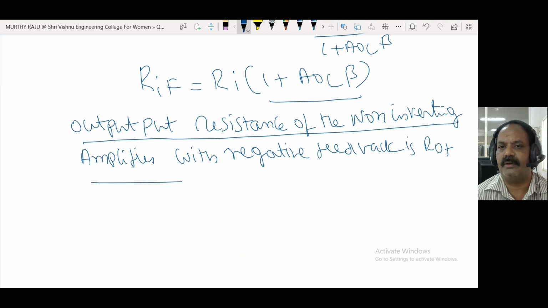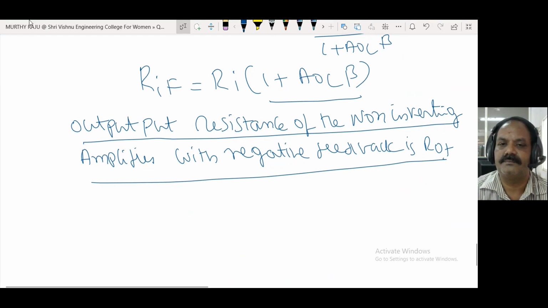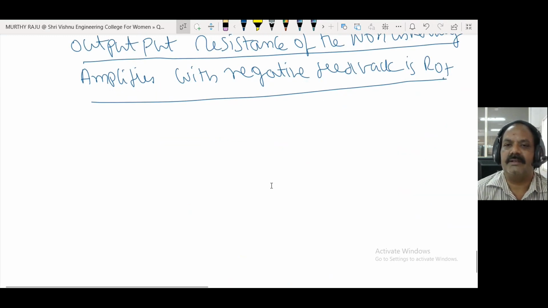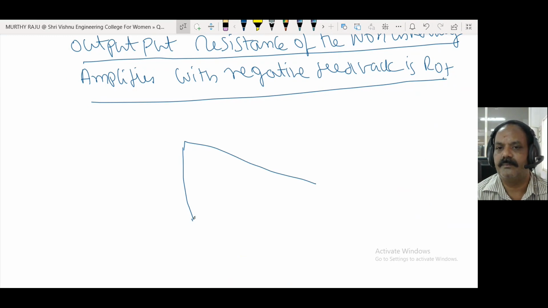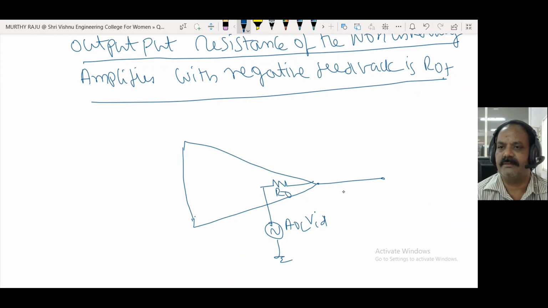In the op amp, this is the operational amplifier. This is R0, with AOL into VID. This one is V0. A dependent voltage source is present here.